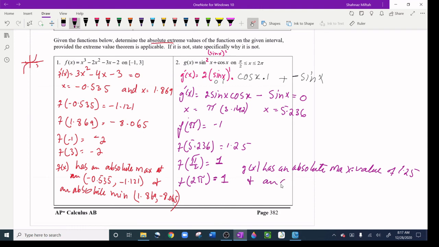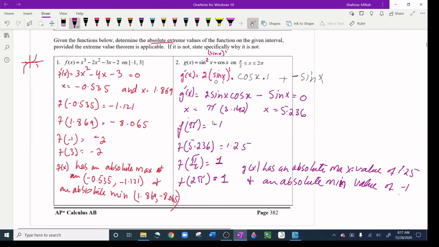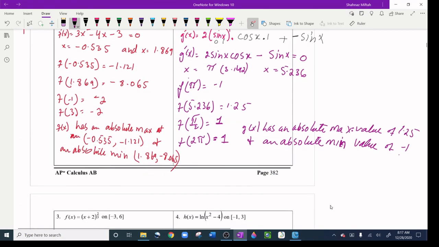And an absolute minimum value of -1. So if you use the word value with maximum and minimum, then you just put the y values. But if you say has an absolute maximum at this, then this is going to go like we did in these questions. So this is what it is.